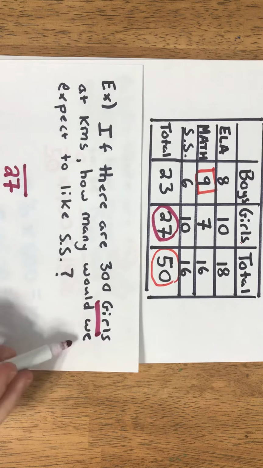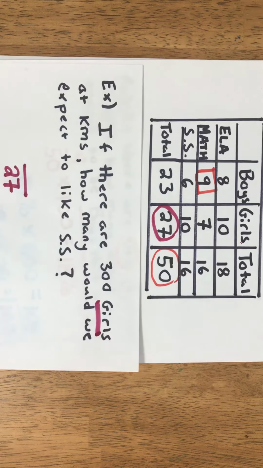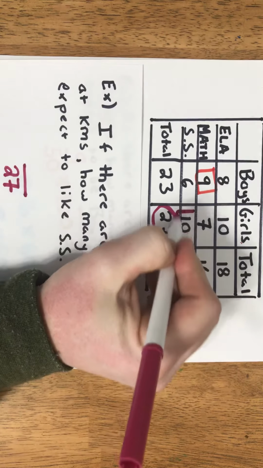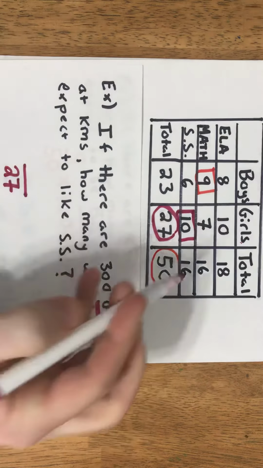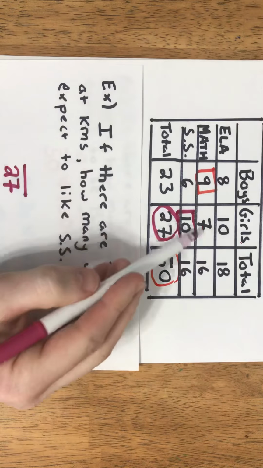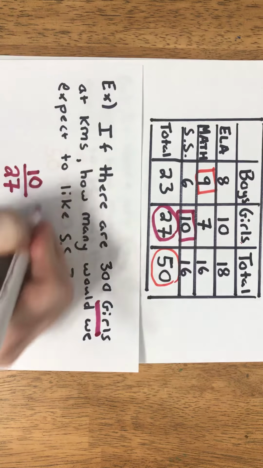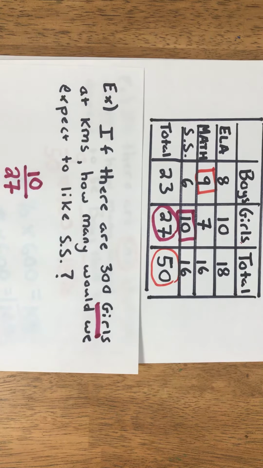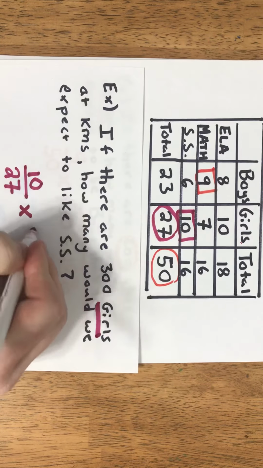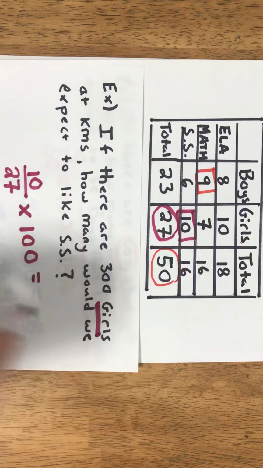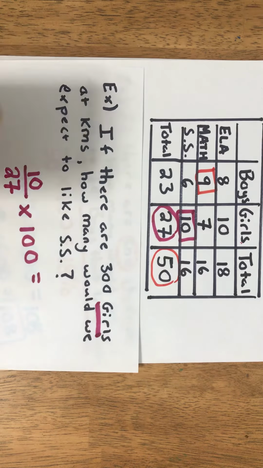And we want to know how many we would expect to like social studies. Social studies is right here at 10. Remember, we're talking about girls that like social studies, so we want to be in that middle column there. So this is going to be 10 divided by 27 times 100, and we're going to be able to figure out what that percent is.